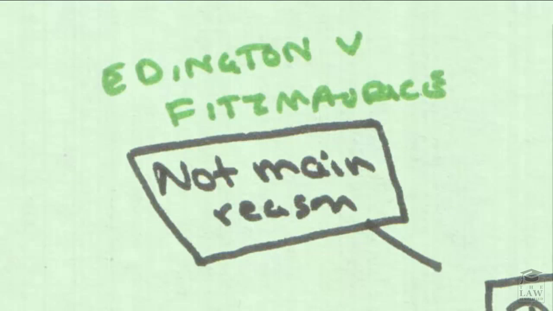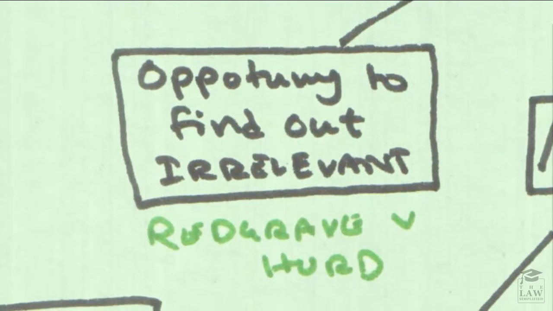Also, there might be occasions where you'll come across case law where you'll think that the claimant had all the opportunity in the world to find out whether it was true or false. But the court has held, as in Redgrave and Hurd, that the opportunity to find out is irrelevant.